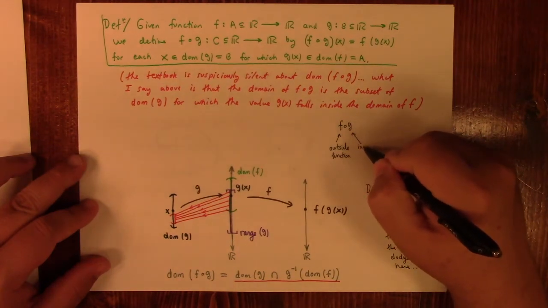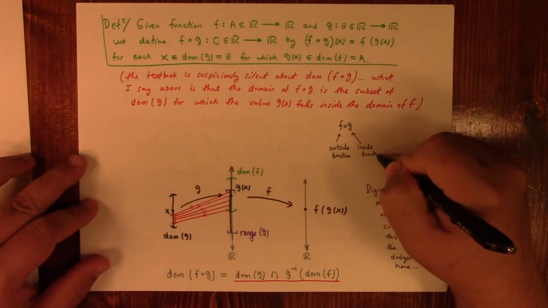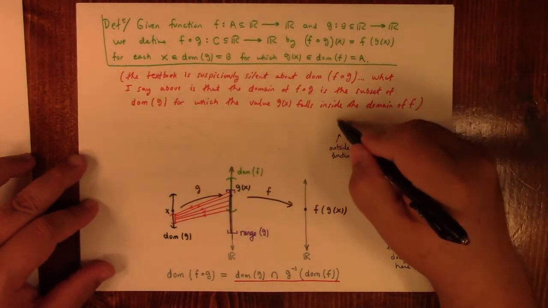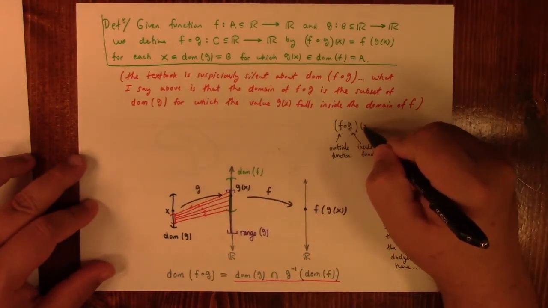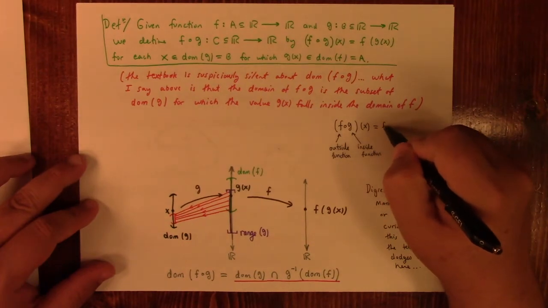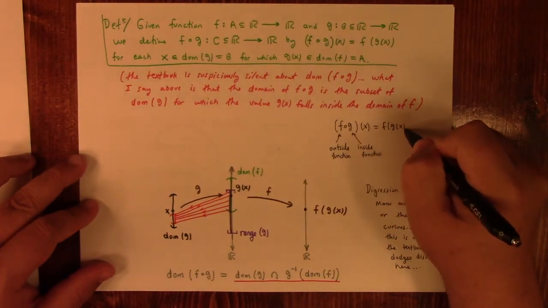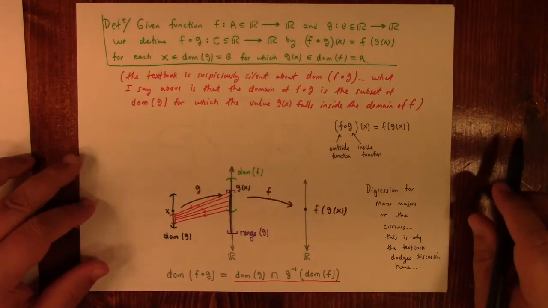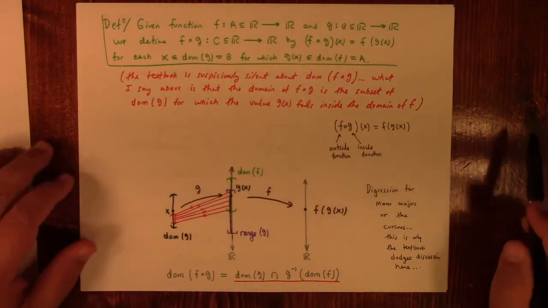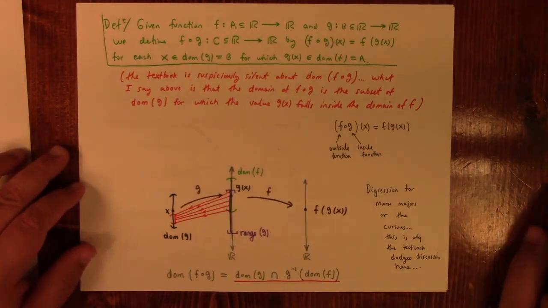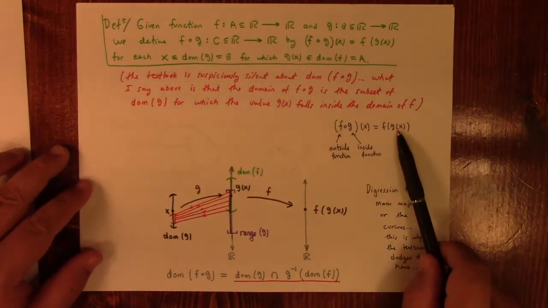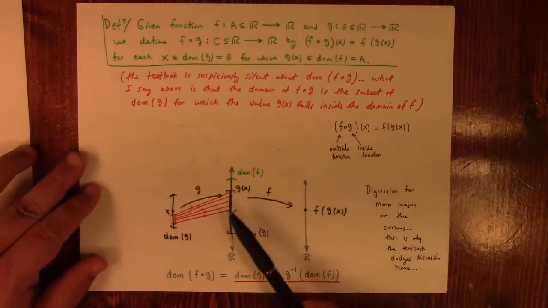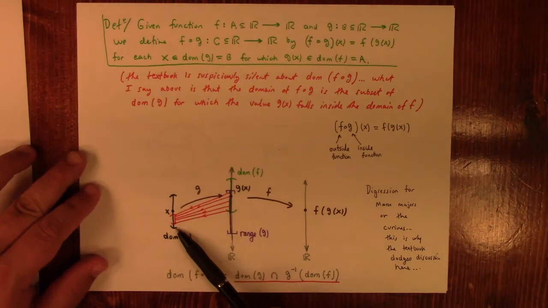And the reason we say that is the rule for the composite, right? Because f composed with g of x is by definition f of g of x. We feed the value of the inside function into the outside function, and that's how the composite works. So if you think about this formula making sense, first of all you need x in the domain of g, which I've made black here.